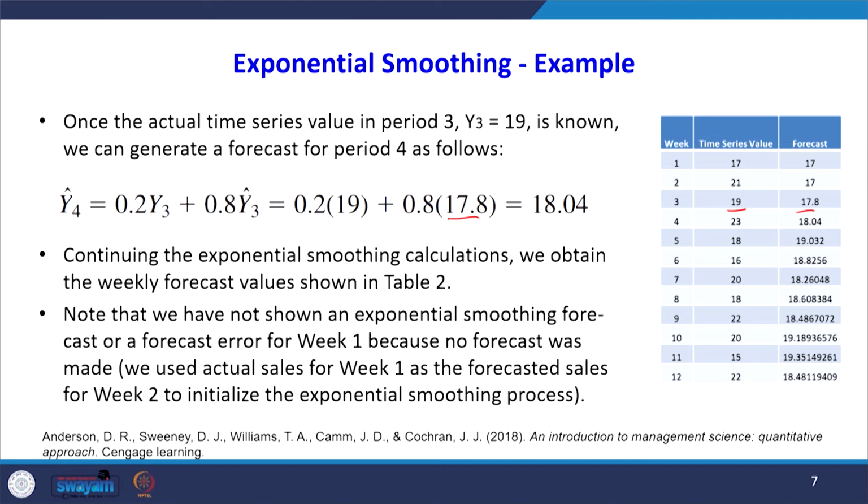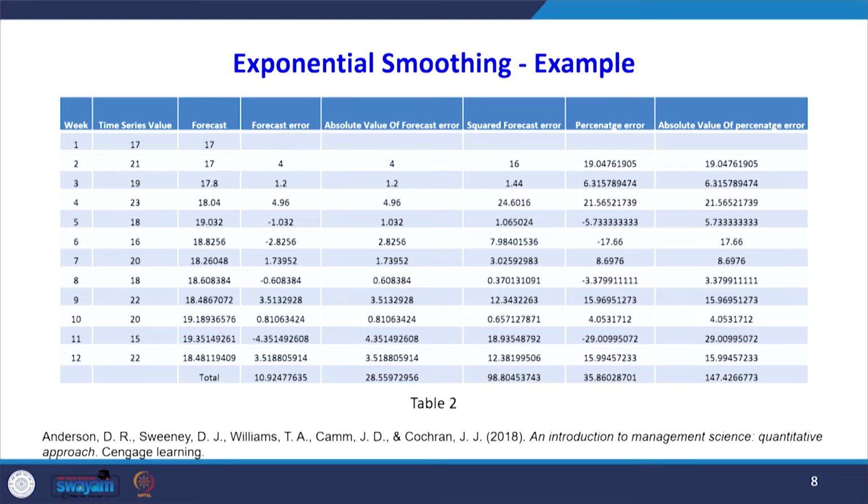Note that we have not shown an exponential smoothing forecast or a forecast error for week 1 because no forecast was made. We used actual sales for week 1 as the forecasted sales for week 2 to initialize the exponential smoothing process. So, this is why we do not have any error here, because we have taken the actual value of period 1 as the forecasted value.